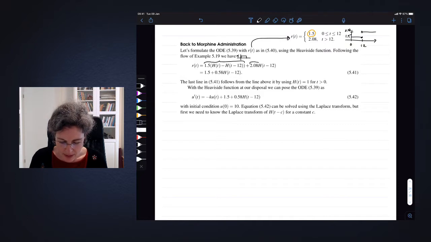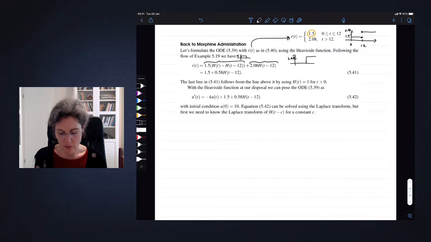And then this one over here is a function that goes up at 12 to 2.08. So we've added those two together, and then if you do the correct multiplication, seeing that you've got two terms that both have h of t minus 12, then you end up with our forcing function, which looks like this.